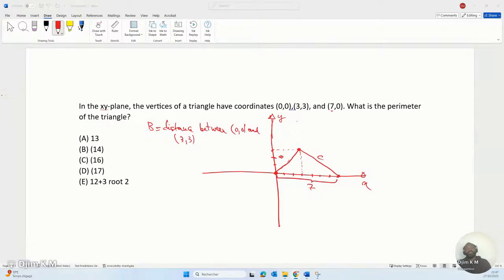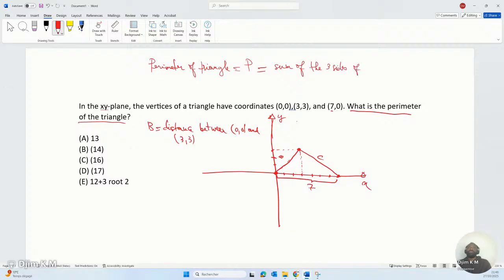First of all, we need to find the perimeter. The perimeter of a triangle, we say it's equal to P, representing the perimeter, is equal to the sum of the three sides of the triangle.